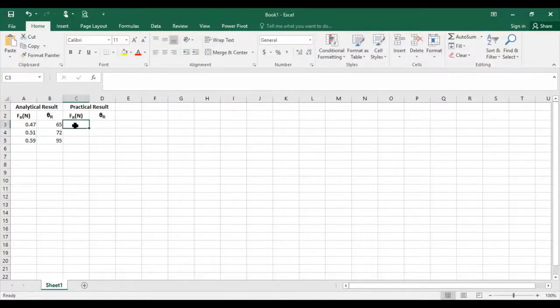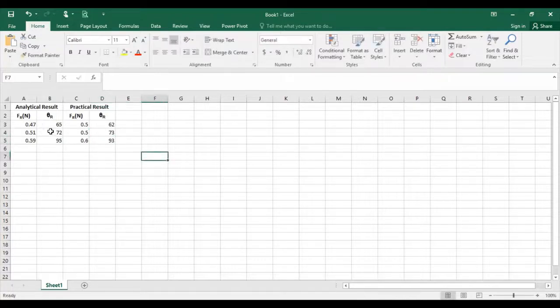And FR values for the practical result are 0.5, then again 0.5, then 0.6. Theta R is 62, the next one is 73, and the third one is 93.